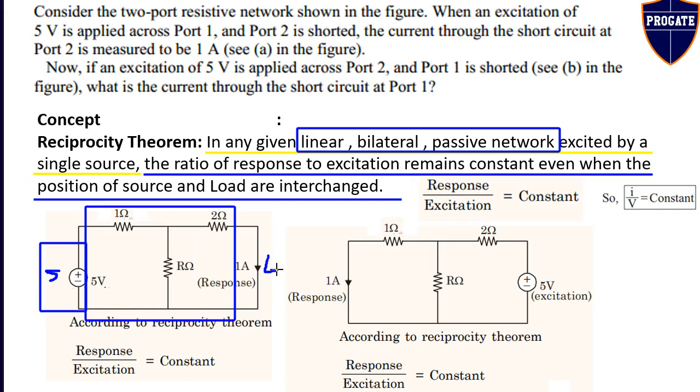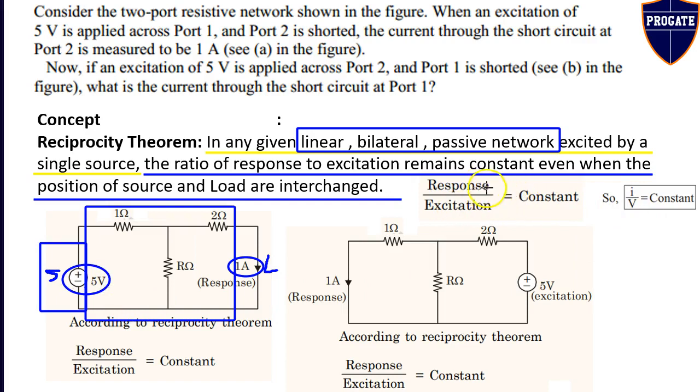So now, response by excitation is equal to a constant. In figure A, the response is 1 ampere as given in the question, and the source is the 5 volt voltage source.